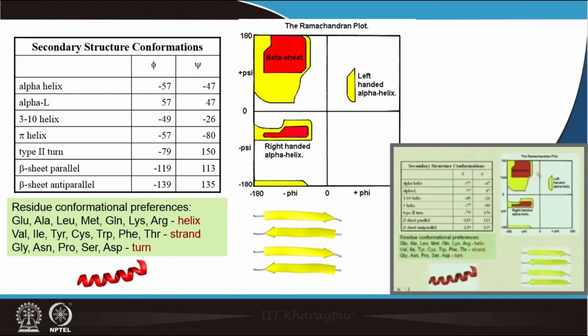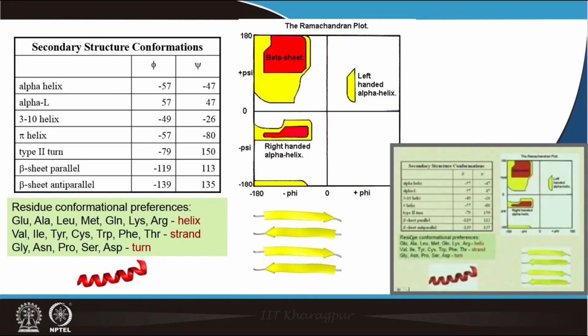Now, when I consider my beta sheet here and my right-handed alpha helix here, then what do I have? I have specific bonding characteristics that are linking my secondary structures. There are different types of secondary structure conformations that I have listed here. I have called a beta sheet parallel or anti-parallel.